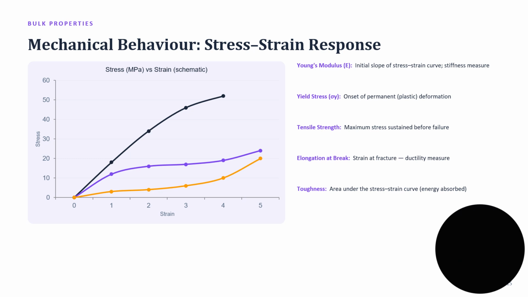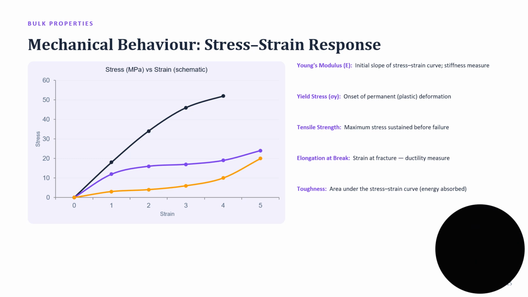The plastic material like HDPE shows an initial steep rise followed by yielding, with substantial deformation before failure. In the elastomers, natural rubber shows a very different shape: low initial stress extending to very high strain, often with an upturn at high elongation as the chains become fully extended and start resisting further stretching.